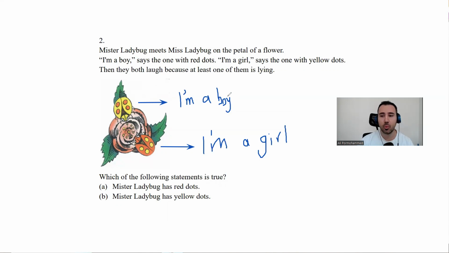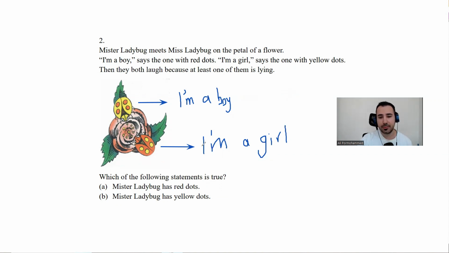If this one is lying, so this one would be a girl. And this one is telling the truth, so I'm a girl. But that's not possible because the question says one of them is a boy, one of them is a girl. So that's impossible.